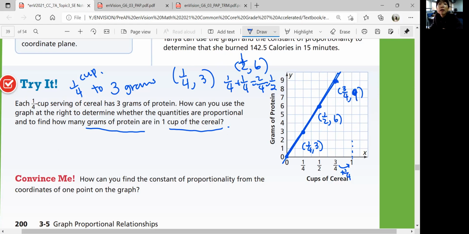So you're adding proportionally 3 more grams from 9 grams, right? So what's your next point after this? It would be 1, 9 plus 3, 12. Okay, so 1 cup would need 12 grams of protein.